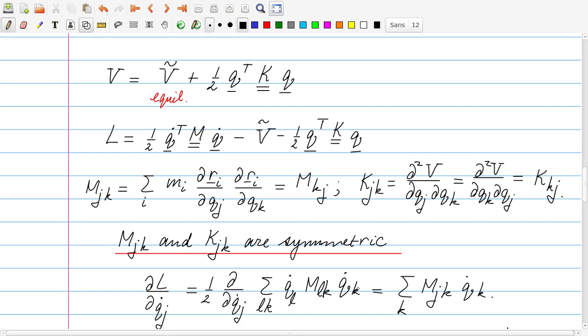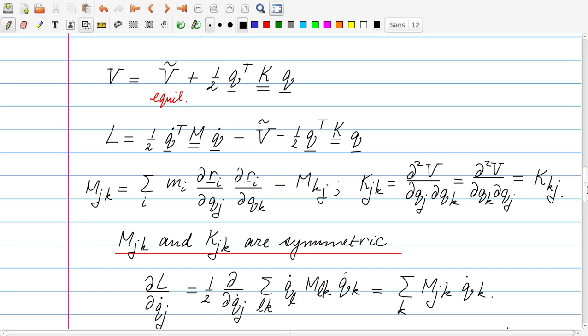But the same can happen when we take the derivative with respect to q̇_k. k will also assume the value j, and then we have a term q̇_l times M_lj, and because M is symmetric in the indices, we can also write that in this form. So the factor of 1/2 is compensated by the factor.